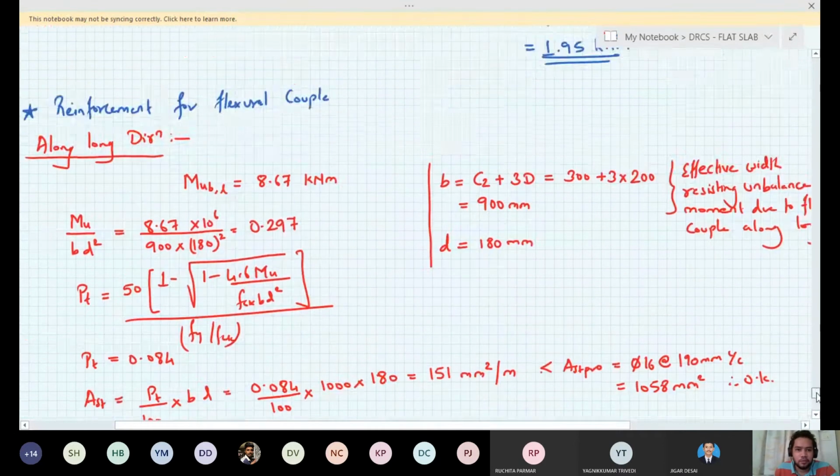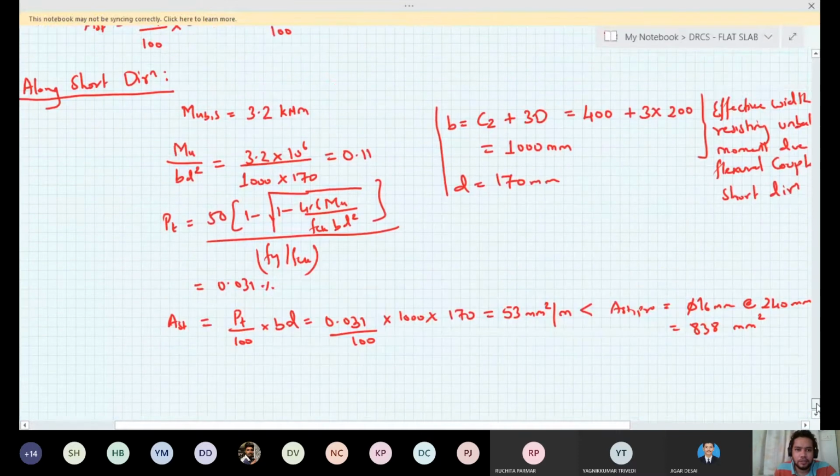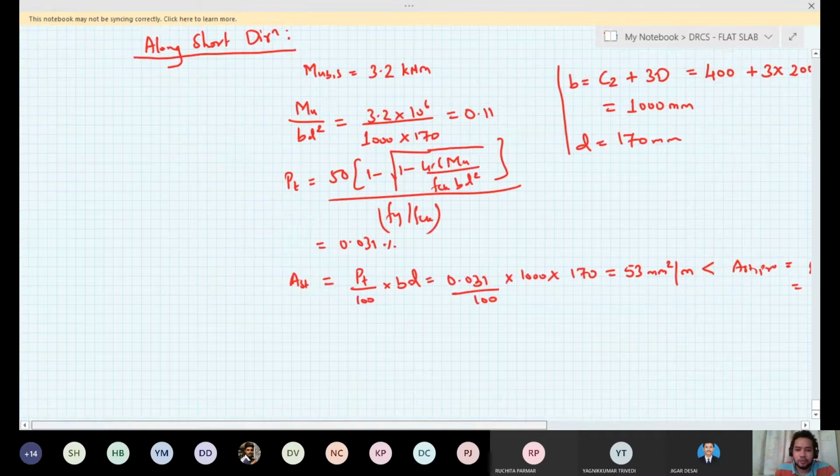Okay, so this is the reinforcement. We have checked the reinforcement due to the flexural couple. Okay, so there is no need of additional reinforcement due to the flexural couple.